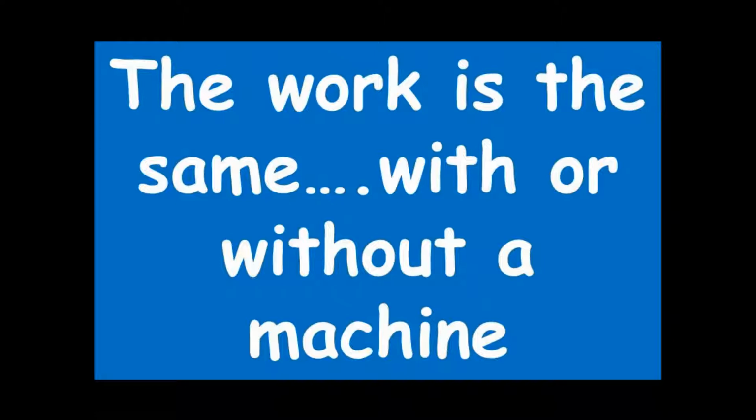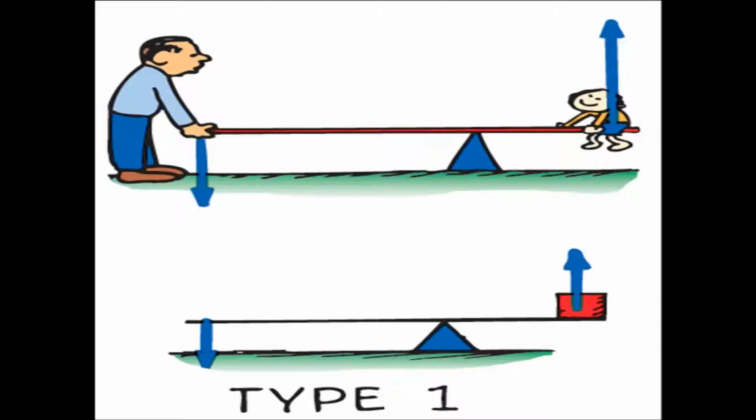The work is the same with or without a machine. If I don't use a machine, it's all the same amount of work. Again, I cannot emphasize this more. Same work, different forces, different distances, but same amount of work. And again, it's never the same amount of work because it's always inefficient, so there's always more. You do more work by using a machine than if you didn't use the machine.